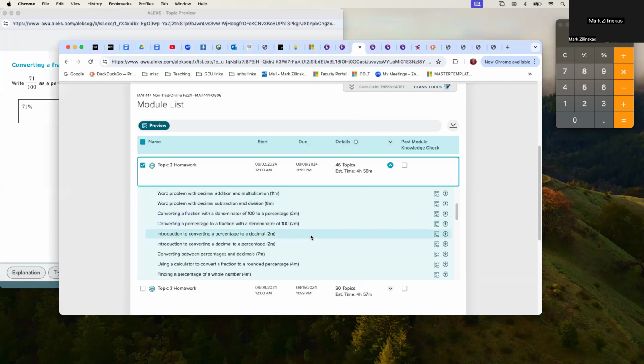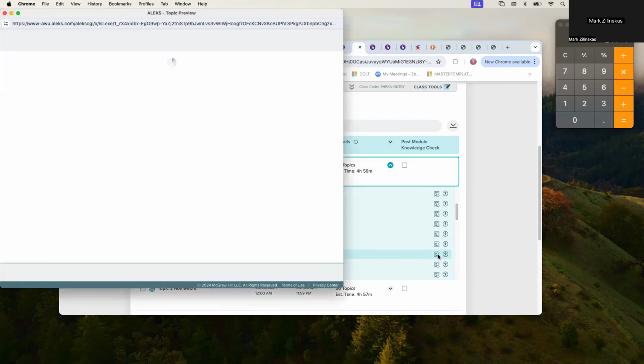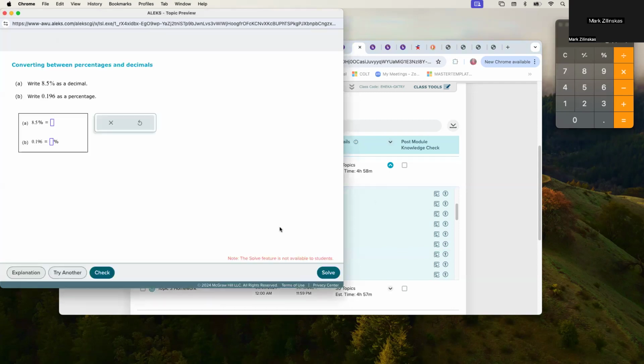All right, so that's one of those, and I'll just quickly do one of these and then get into some of the other, I guess more involved problems with equations and so forth. If we want to write this as a decimal, remember this is just a matter of moving this decimal point around. And when we go from decimals to percentages, we're going to go ahead and move it to the right two places.